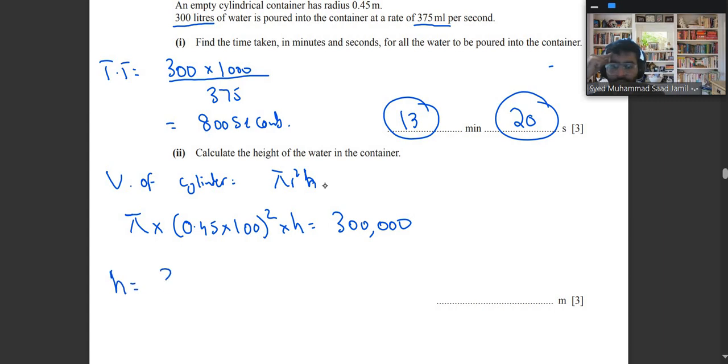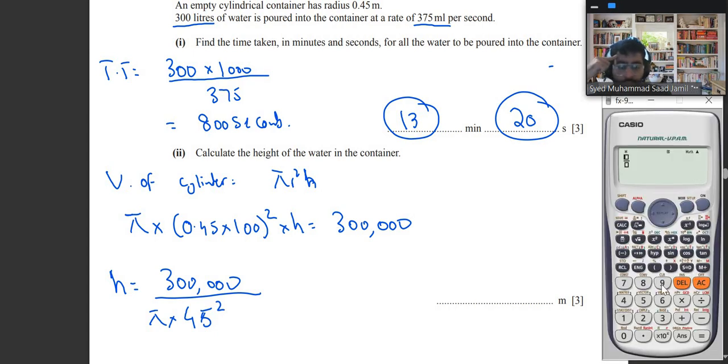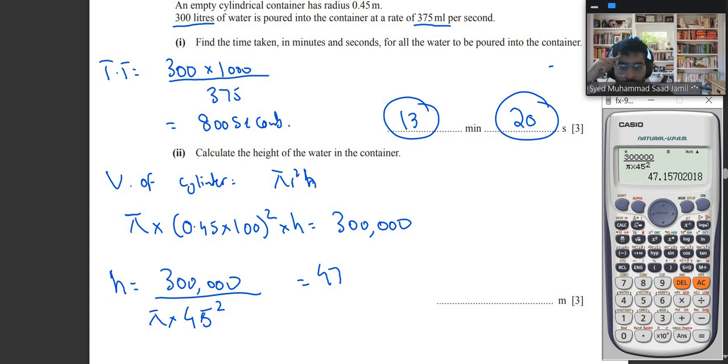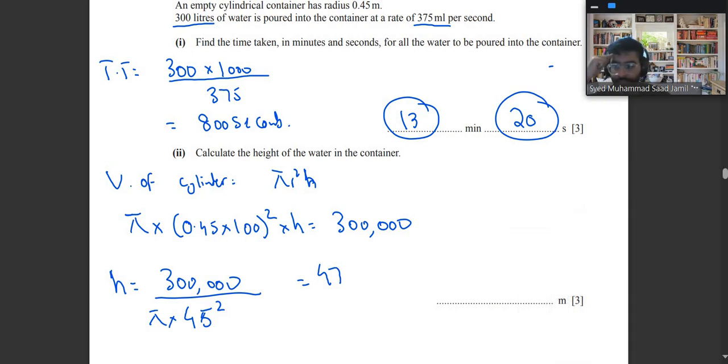So height is equal to 300,000 divided by pi multiplied by 45 squared. Once you do that, you will get 300,000 upon pi multiplied by 45 squared, so it's 47.15, and this is in centimeters.